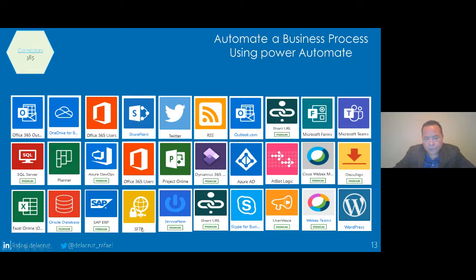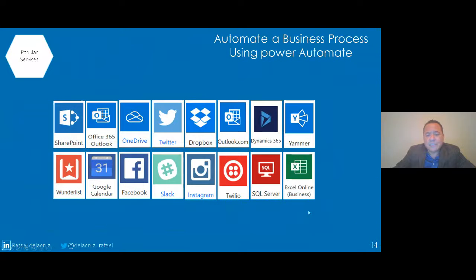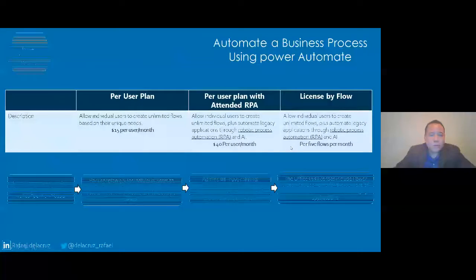I don't know a company that is using FTP anyway, but some are still using it. No need to use that anymore. SAP, many, and they keep adding new connectors every month, if not every week. Some of the services that we have, and I believe this is still current: Excel Online, Outlook, Dropbox, OneDrive, Facebook, name it, and they keep adding more.